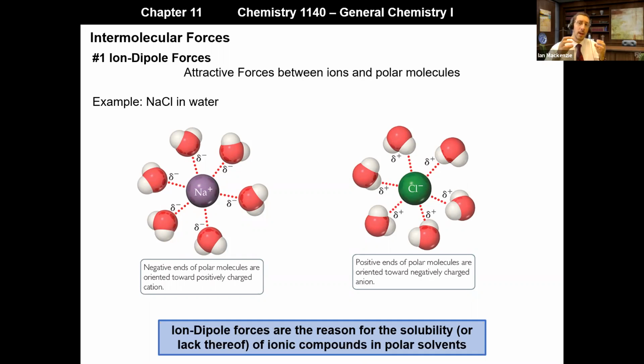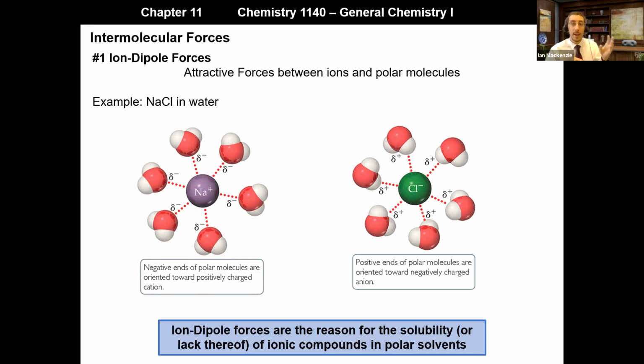Well, when an ionic compound dissolves in a solvent, let's say water for example, in order for the ionic compound to dissolve, you need to break the ionic bonds that are holding the two ions together in the solid form. That requires energy. So where does that energy come from? Well, that energy comes from these ion dipole interactions.